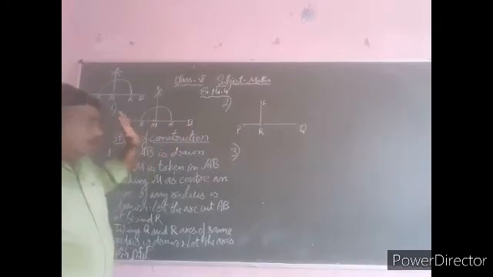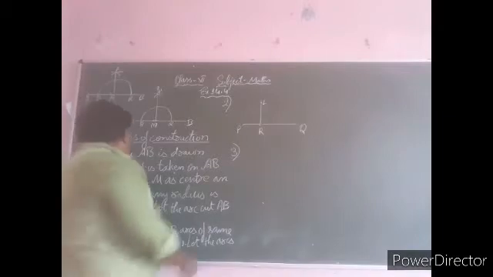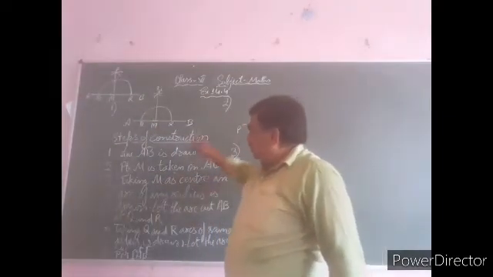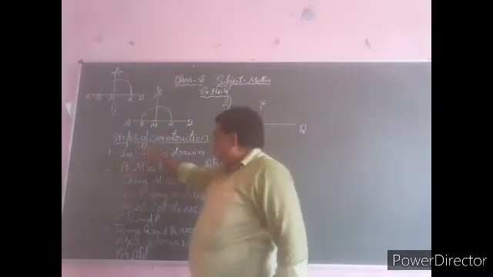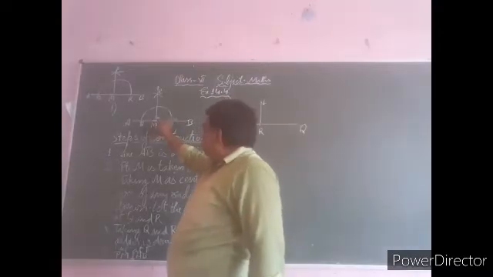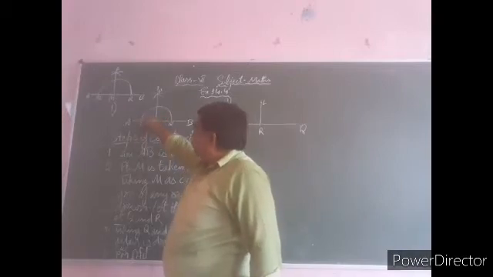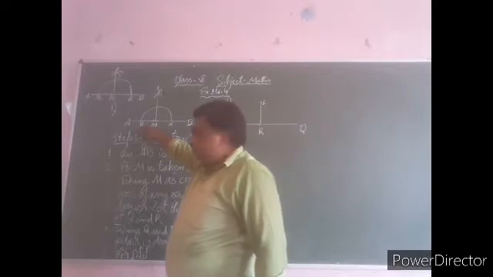Step number 2, point M is taken on AB. Step number 3, taking M as the center, draw an arc of any radius.